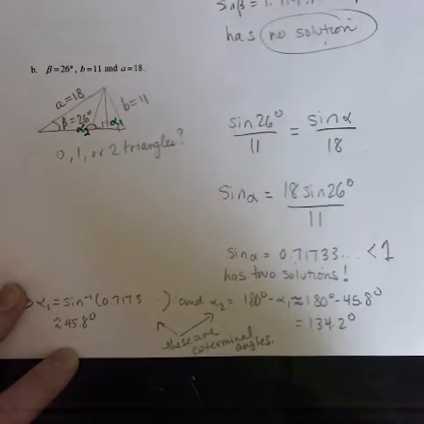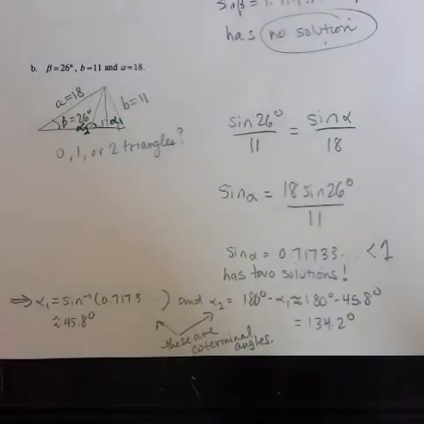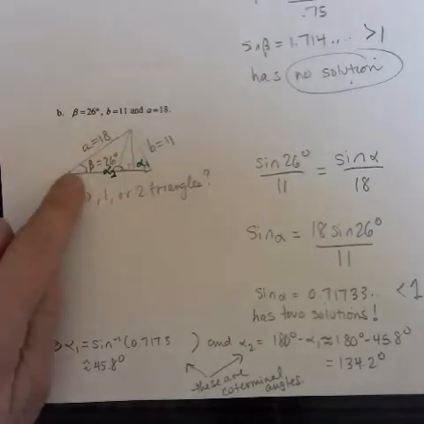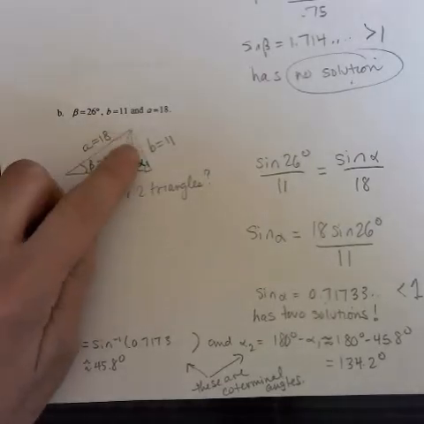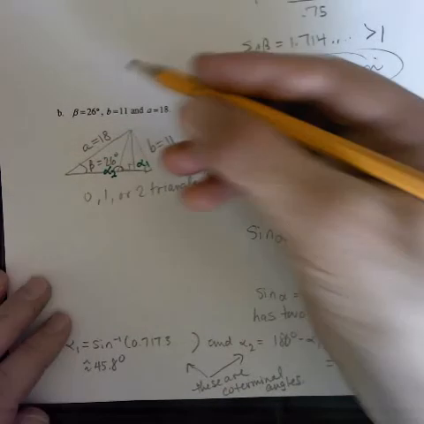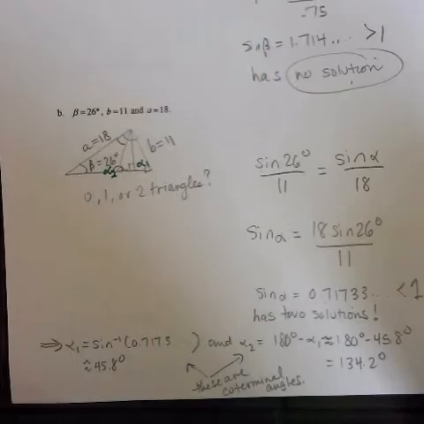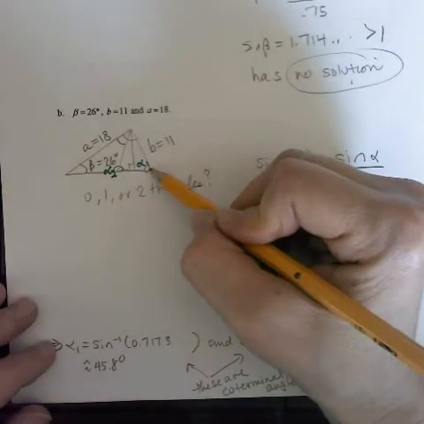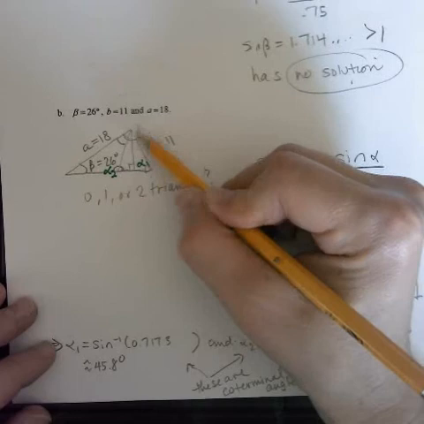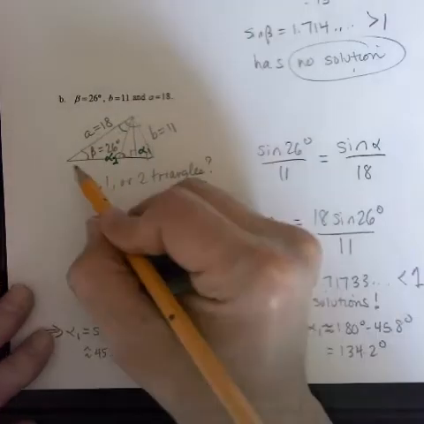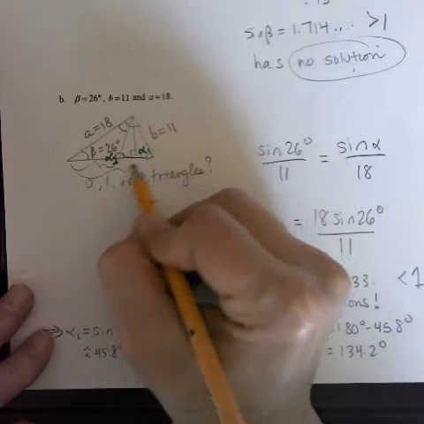All right, so we now have to find, let's see, we've got beta was given, so we need gamma. So there's going to be 2 gammas, this one and then this one. So one's bigger and one's smaller, right? So gamma, if this is alpha 1, gamma 1 will be the larger angle, gamma 2 will be the smaller angle. And then we're going to have 2 sides, or 2 lengths, I should say, for C, C1, C2.